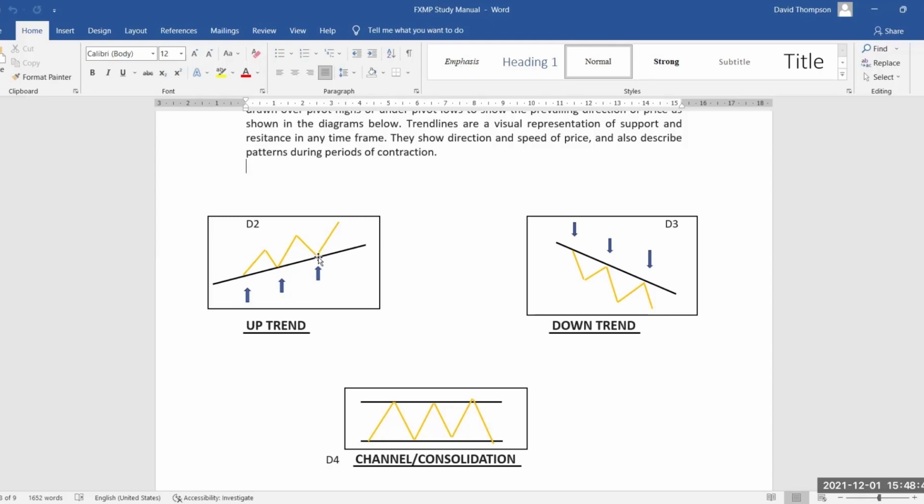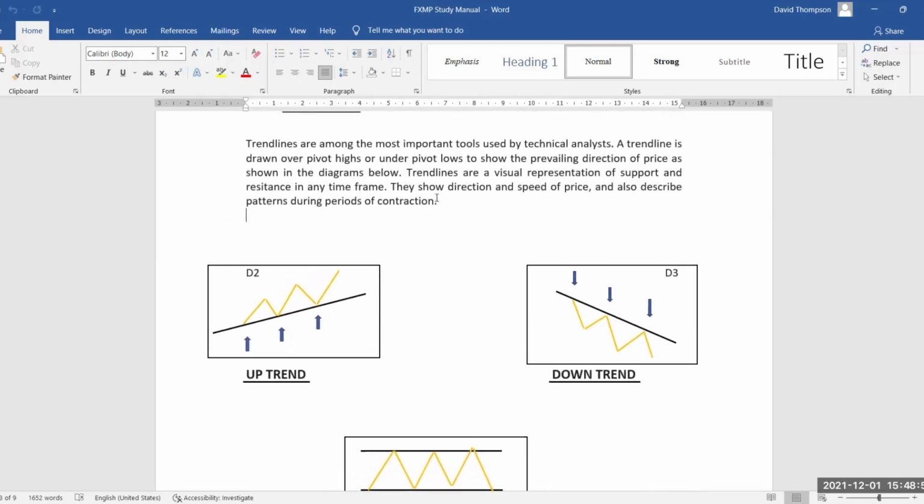Once you get a bounce and then you start to see the price action developing in the other direction, you know that this line is being respected. We read one of the sentences up here where it said trend lines are a visual representation of support and resistance in any time frame. In the uptrend, price coming down and bouncing on the trend line, this area would be the representation of support.